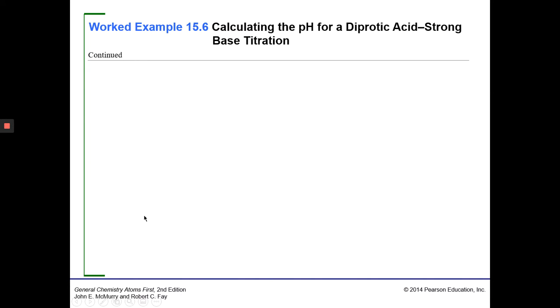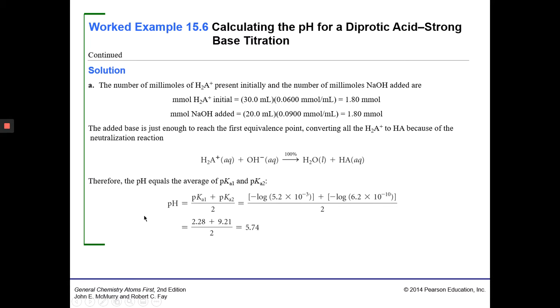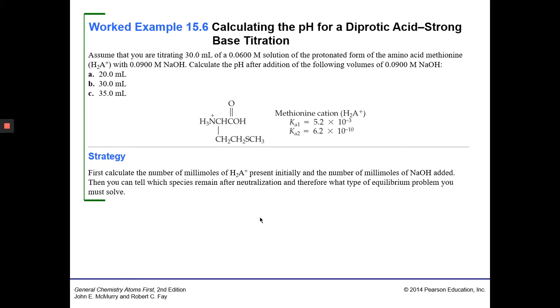To calculate the isoelectric pH, we would take the average of the pKa1 and the pKa2. Okay, so on the previous slide here, we have the Ka values.